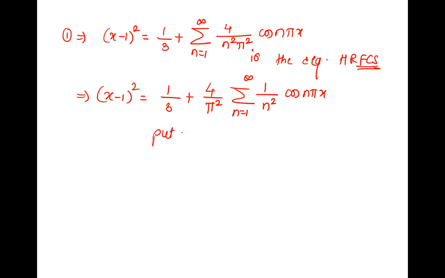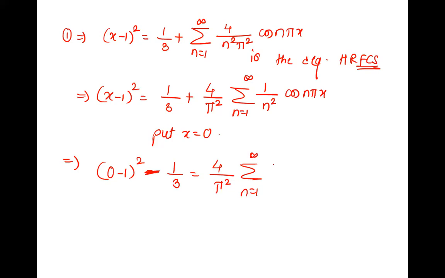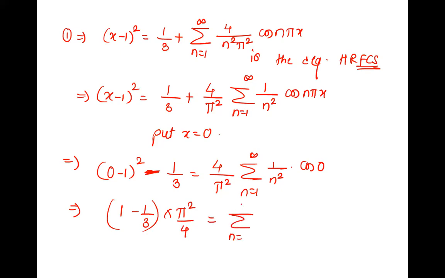So put x is 0 in this. We get 0 minus 1 square equal to 1/3 plus 4/pi² summation n is 1 to infinity 1/n² into cos 0. Bring the 1/3 to the other side and it becomes minus. So 0 minus 1 square is 1, 1 minus 1/3, and this is getting multiplied by pi²/4, is the summation 1/n², cos 0 is 1.